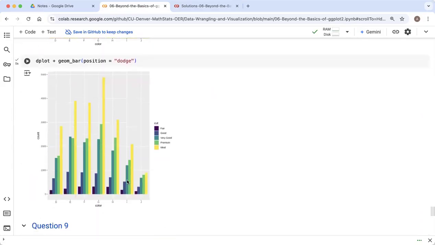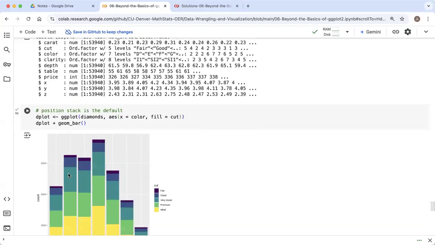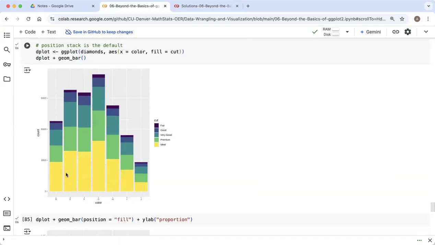Whereas if I actually just looked at the counts, right? J does not have the biggest number of good cut diamonds. The largest number of good cut diamonds actually, I think, belongs to E, but that's just because we have a lot of E diamonds in our data frame and we don't have a lot of J colored diamonds in our data frame.